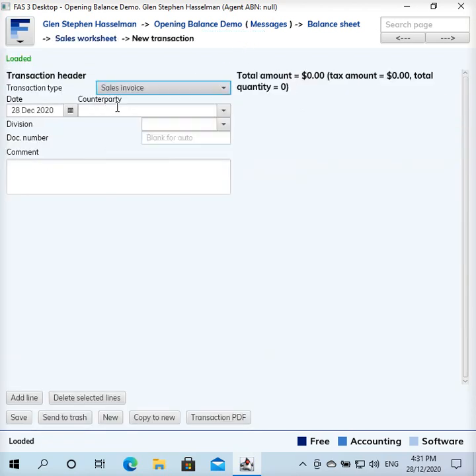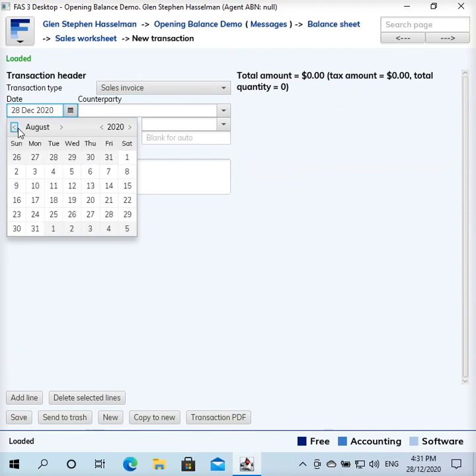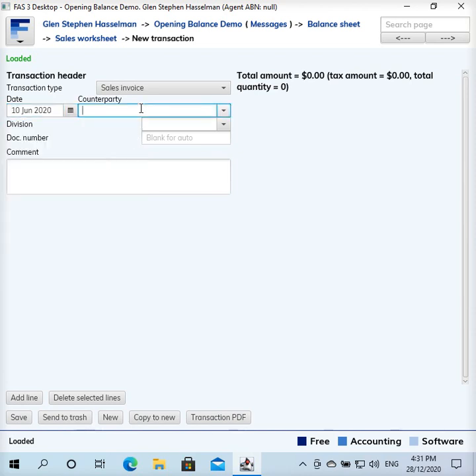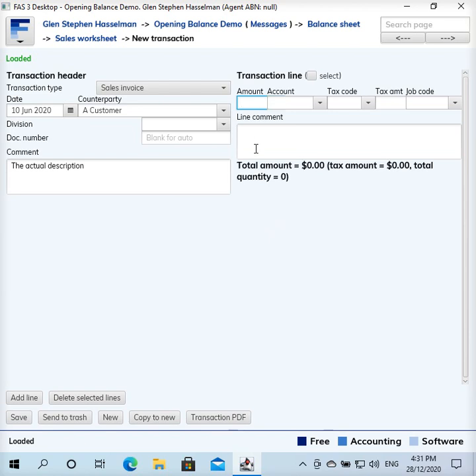So we just go to a new transaction, do the sales invoice, and in this case I'm not going to pick the 30th of June, I'm going to pick the date that the sale was actually on. And picking the actual customer, and rather than writing opening balance, I might write the actual description that was put on the sale, and let's say it was $33,000.